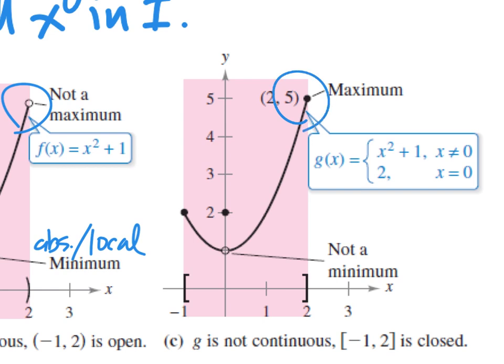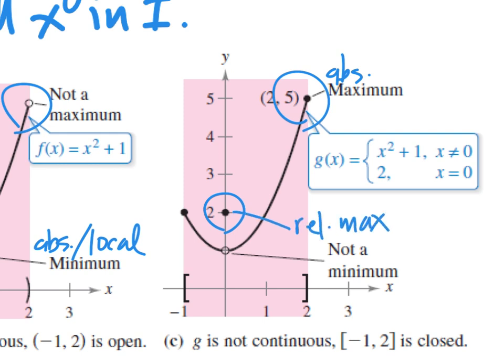This is a maximum, or we can say this is an absolute maximum because that is the highest value in this interval. This one here is kind of strange. This one would be a relative max. This one's very strange.